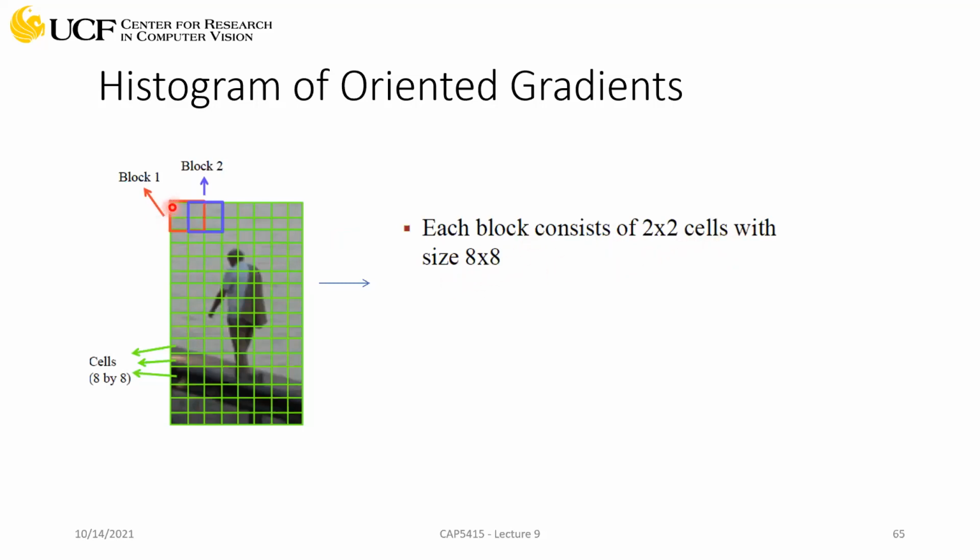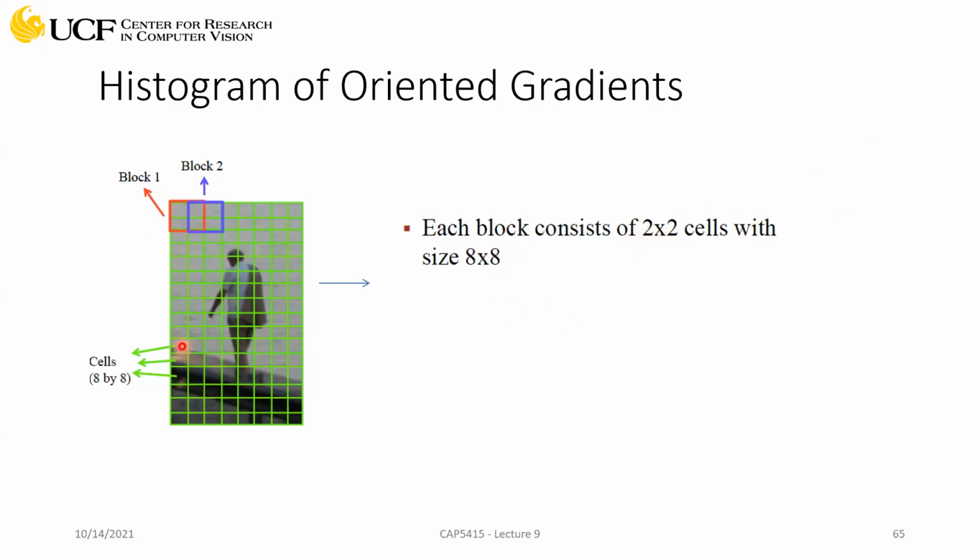Each block consists of 2 cross 2 cells with size 8 cross 8. So we are dividing that block into 2 cross 2 cells. That's another parameter we can change as well. Since the original size of the block was 16 cross 16, the size of each cell will be 8 cross 8, because we are just dividing each dimension in half.